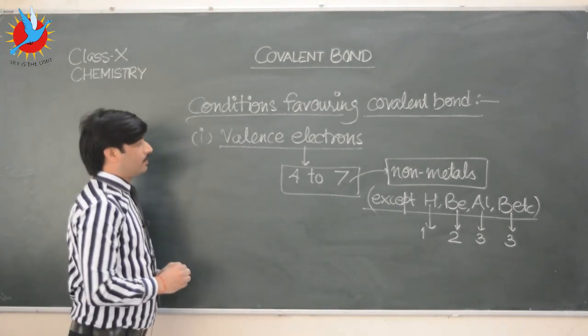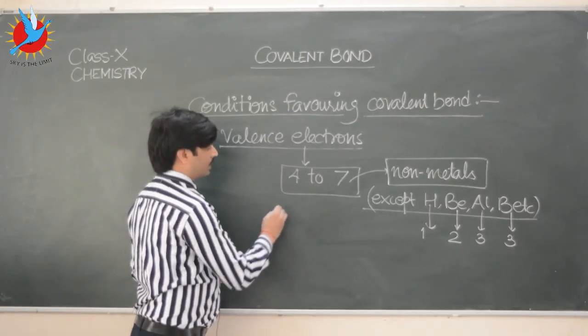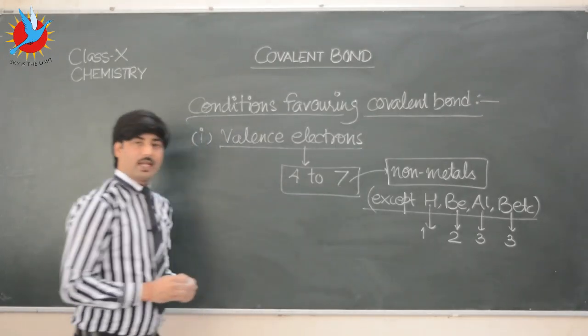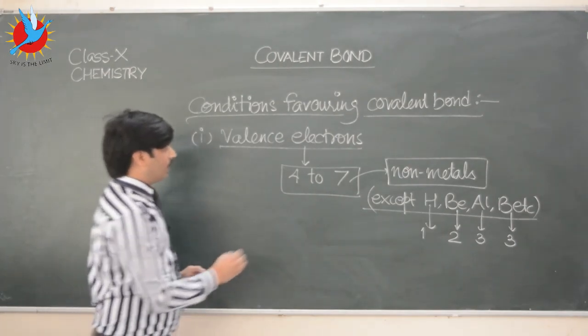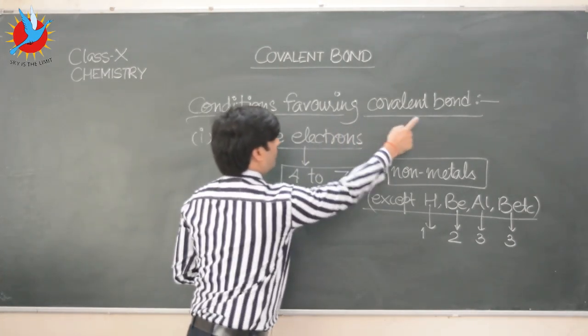But most of the time all those elements having 4 to 7 electrons in their outermost cell will preferably form the covalent bond.